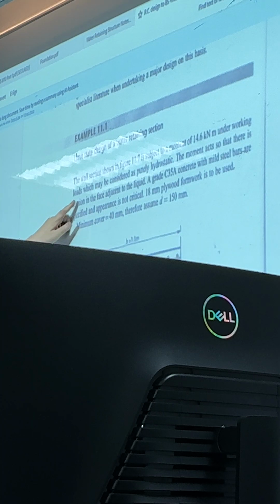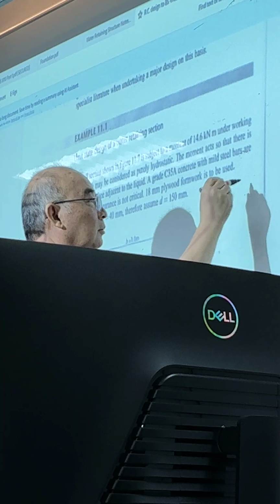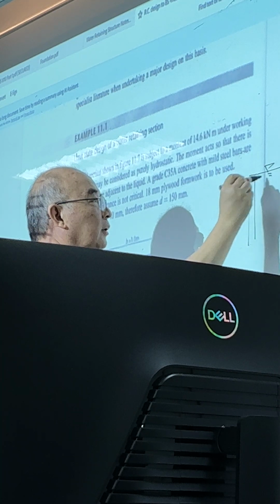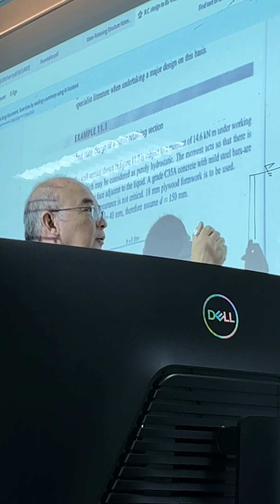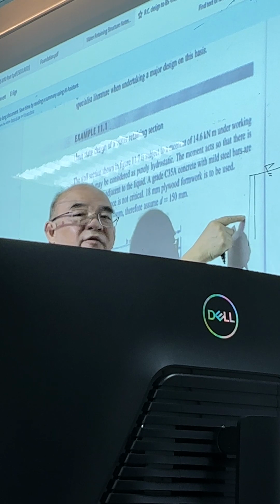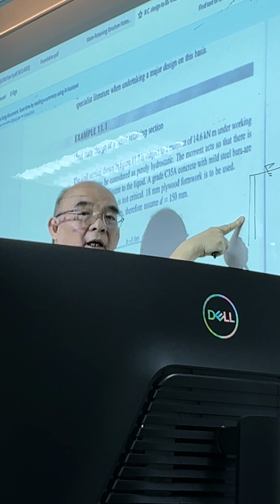The moment acts so that there is tension in the face adjacent to the liquid. So the water tank is like this. This is the water. So you have two faces. Outer face, adjacent to the air.